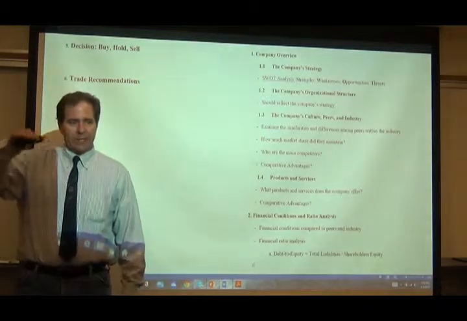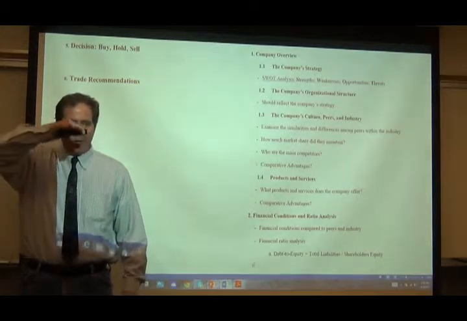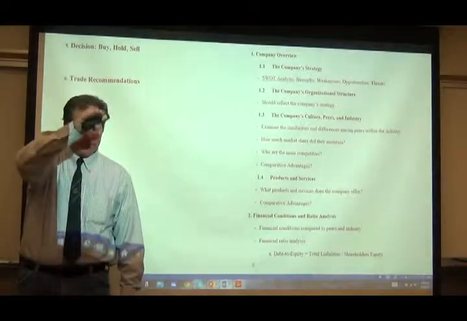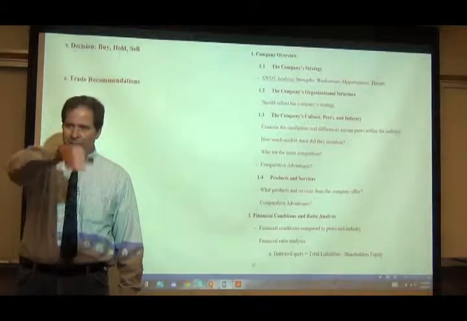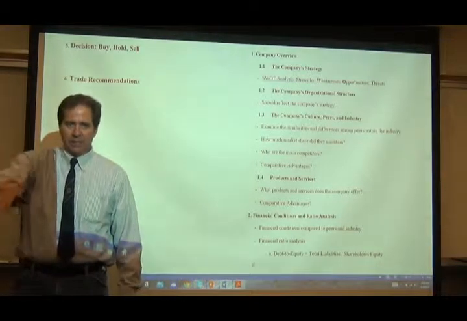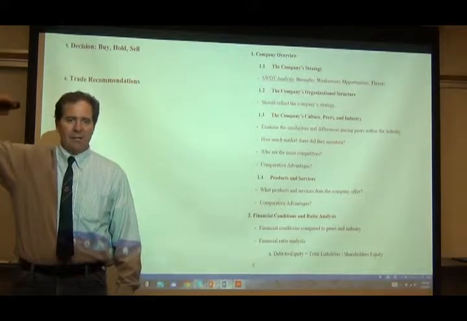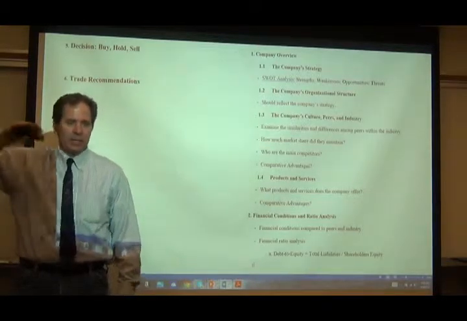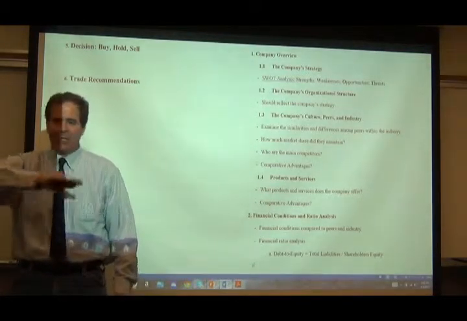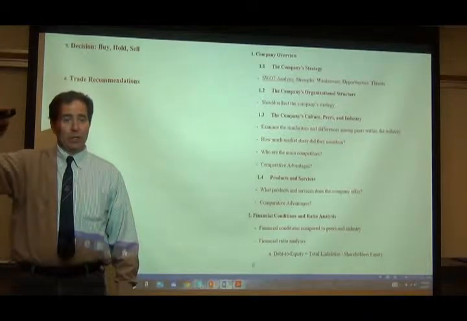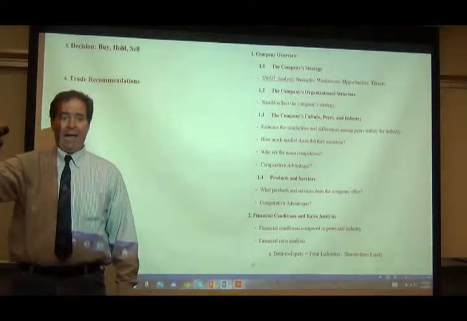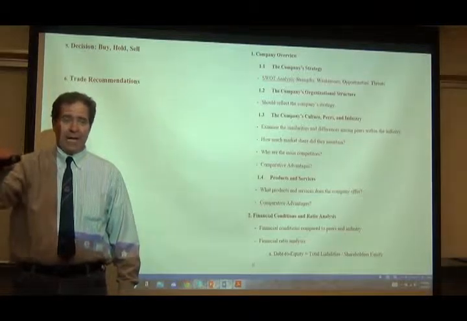So when you look at the financial ratios, you want to compare the target firm, the subject firm, to the comparable, which is the peer, which is JP Morgan, the peer group, and the industry. And you're going to tell me, based on the asset ratios, the income ratios, the return ratios, the leverage ratios, if it's excellent, good, average, below average, and poor.